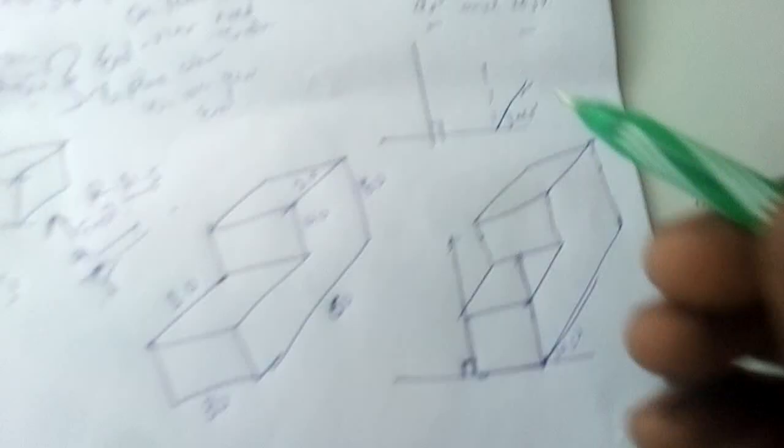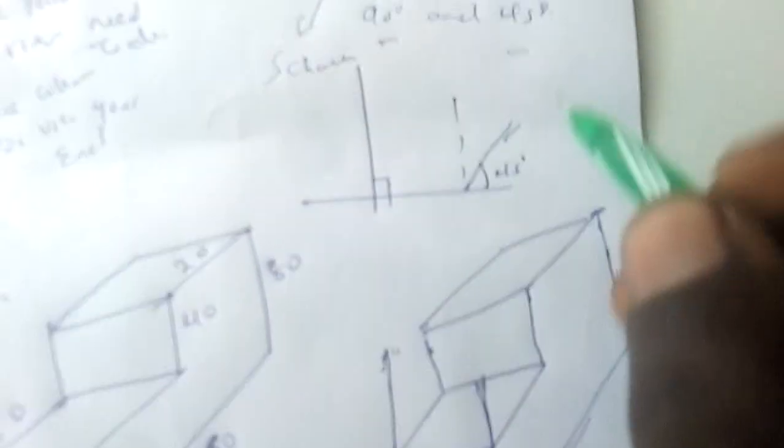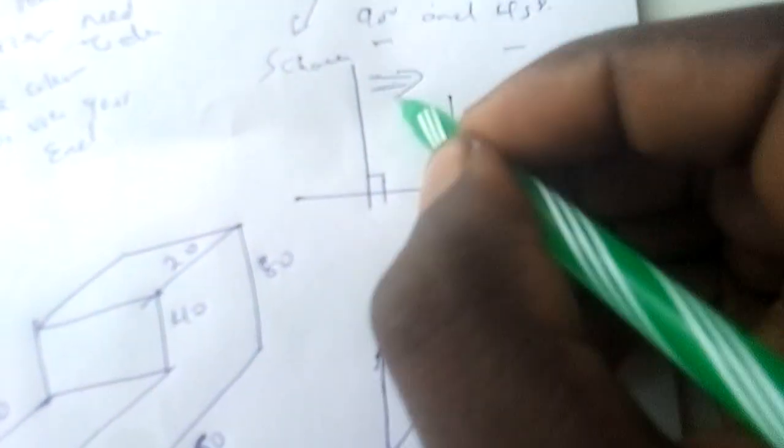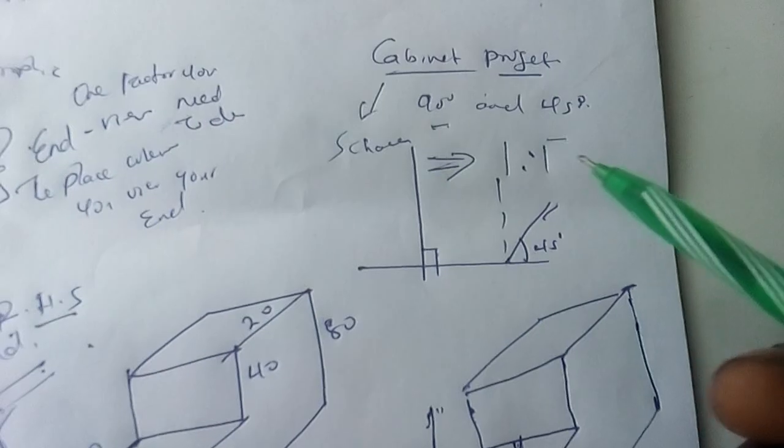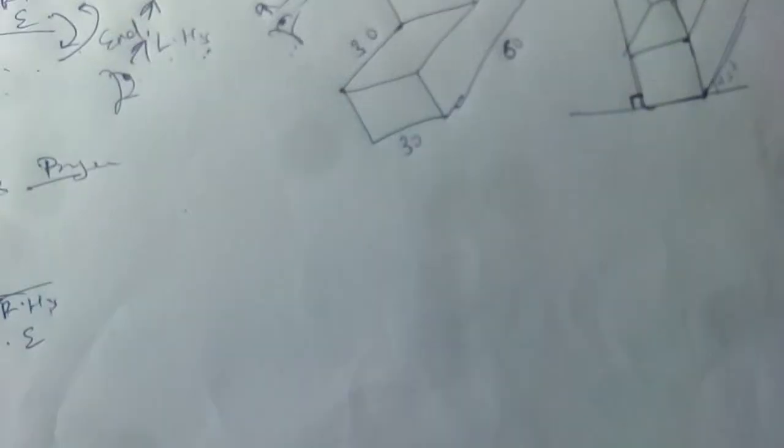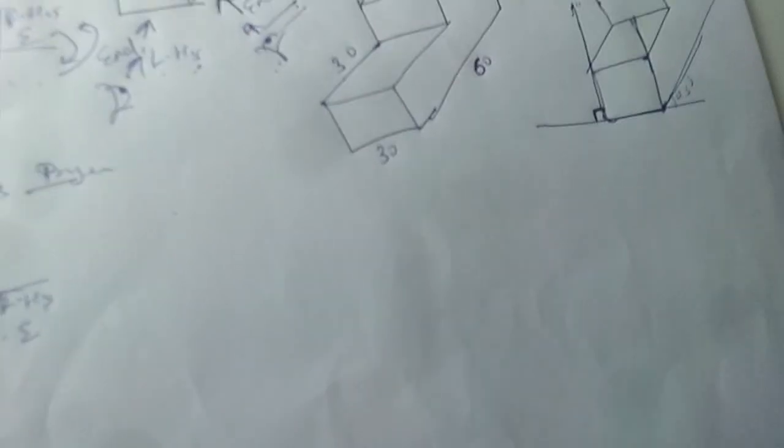Another thing about cabinet projection is the scale, and the scale is always 1:1. Then we're going to do another type of pictorial projection, the Cavalier.